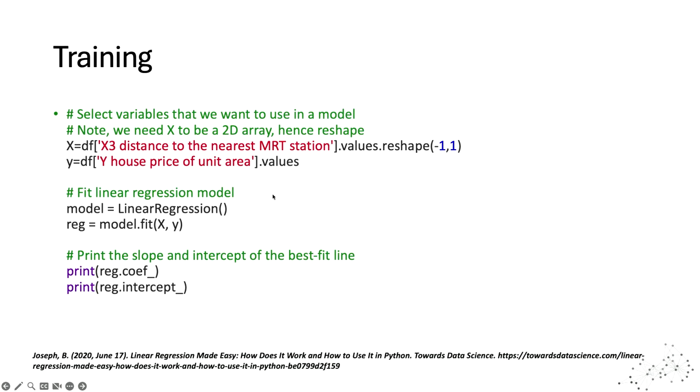We defined x as the distance to the nearest mass transport station, and y as the house price of unit area. When we call the model.fit method using linear regression, it helps us find these hyperparameters, or coefficients, that we mentioned before, automatically.